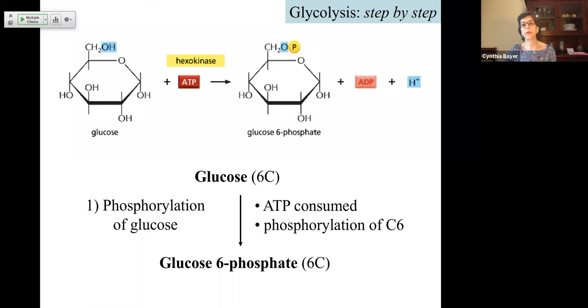And so now this glucose 6-phosphate is negatively charged, which makes it impossible for it to diffuse back out of the cell again. So this first step actually traps the glucose inside the cell. And then this, as we'll see, this glucose 6-phosphate is a substrate for the next step of this biochemical pathway, glycolysis.